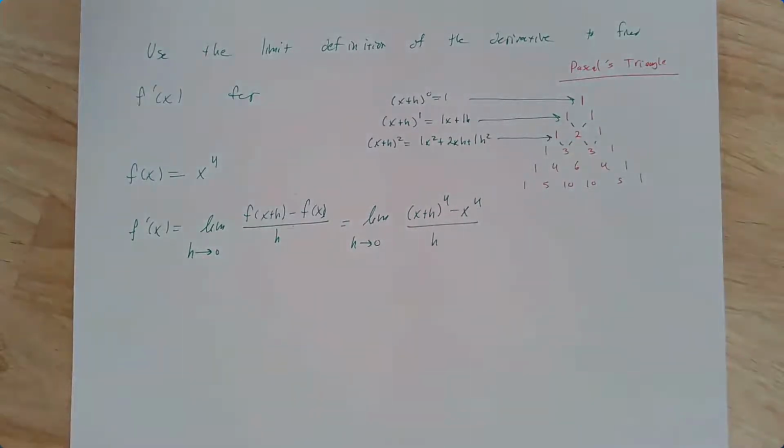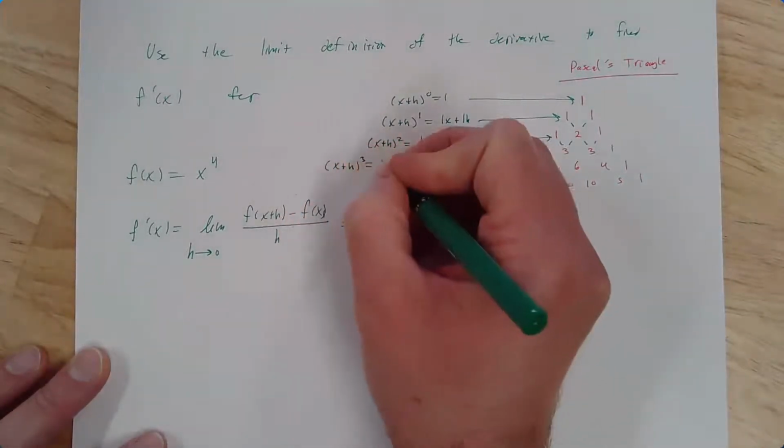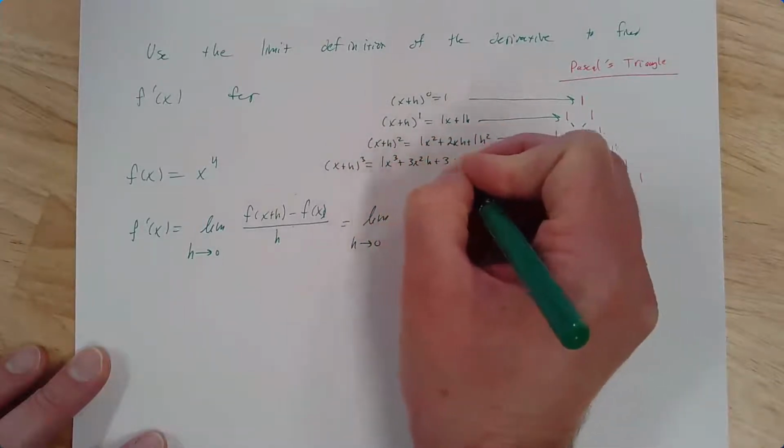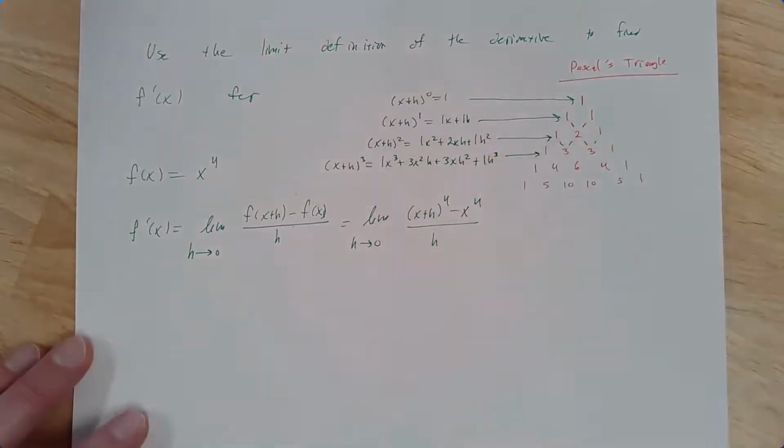Oh, neat. And it is true that (x plus h) cubed, I think I have enough room here, is definitely 1x cubed plus 3x squared h plus 3xh squared plus 1h cubed. The coefficients are 1, 3, 3, 1.